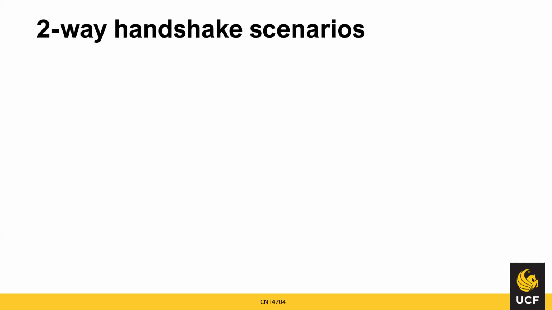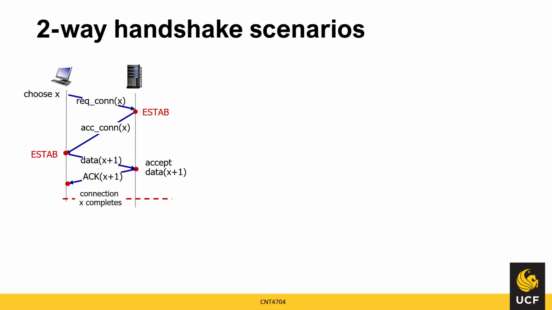So now that we have introduced the idea of the two-way handshake, let's walk through how this works in a simple case. We have a client and a server. Usually the client would choose an initial sequence number, say X, that you can see on top, and sends a connection request to the server. The server would receive it and reply, and then both sides are in a connection established state.